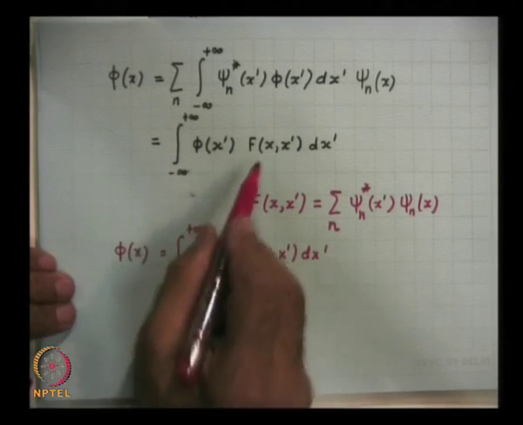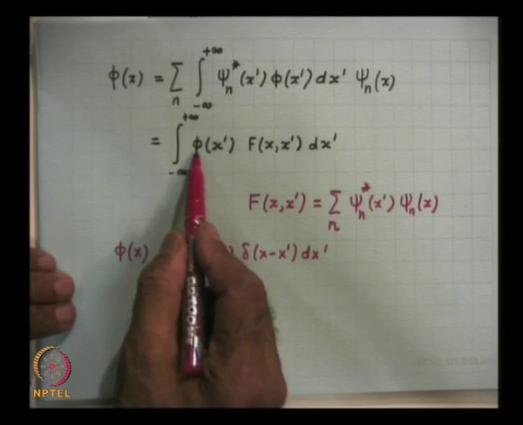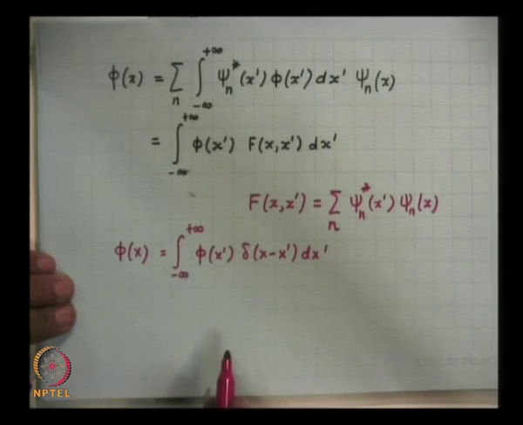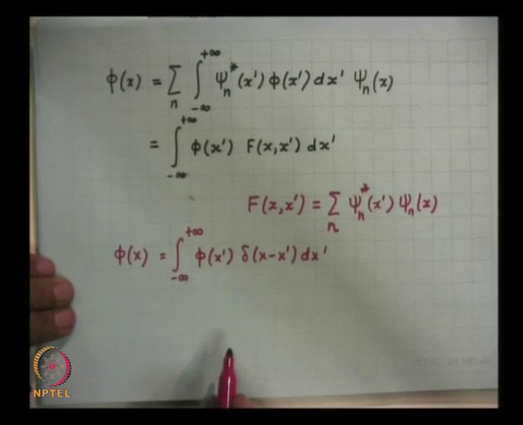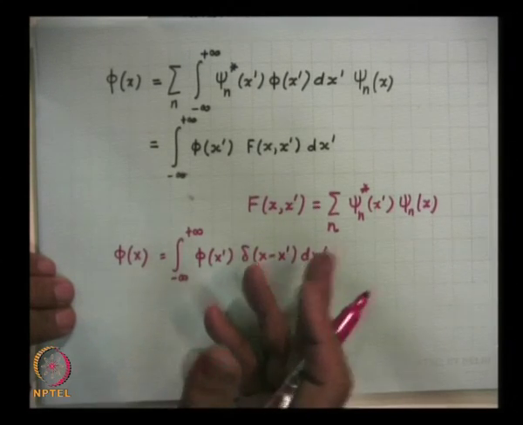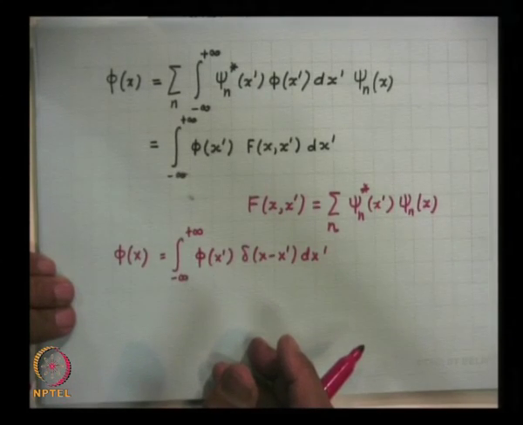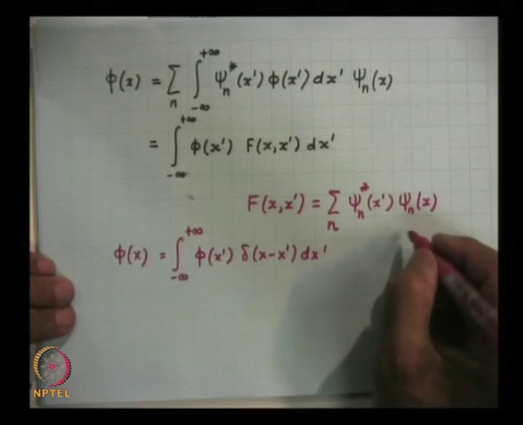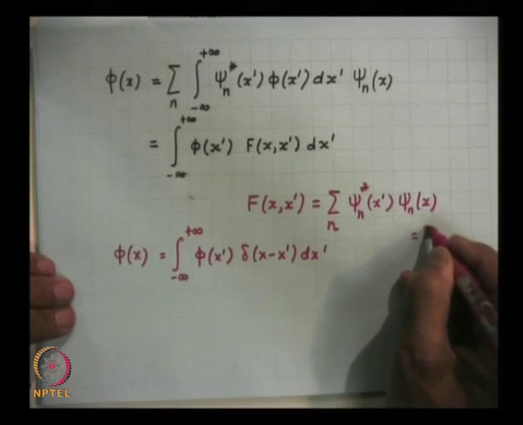So, it picks up the value at x only, no matter what the function phi is. Therefore, this function has to be 0 for all values of x other than x prime. And so this quantity must be the Dirac delta function.